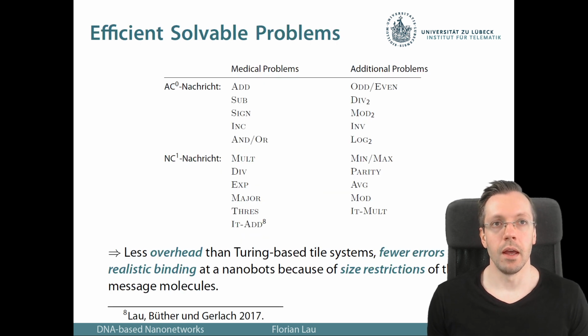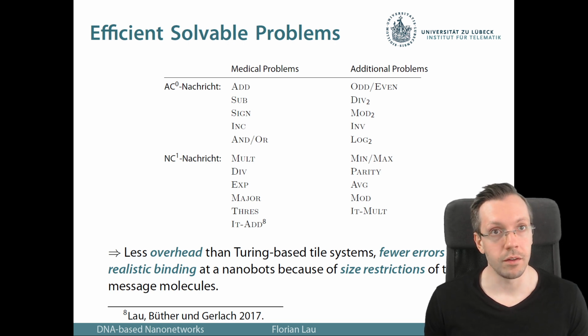Yes. And now we have a whole array of problems that have been previously unclear of how to solve that can be solved with this approach. Namely, all the problems of the classes AC0 and NC1 can be solved. And they have been proposed as functions that are necessary for certain tasks in medical scenarios.